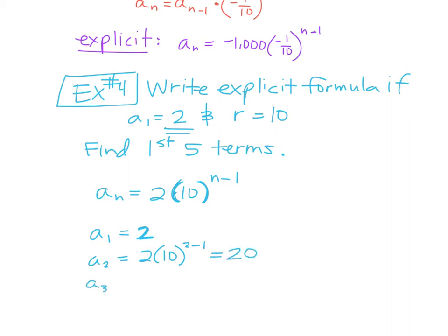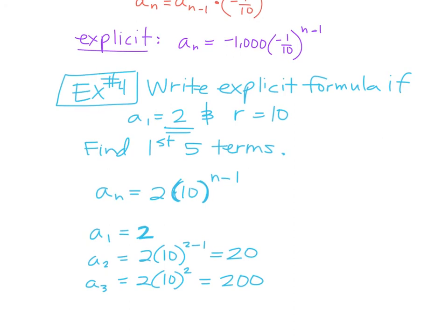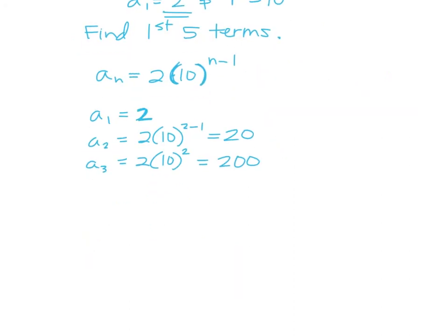A of 3, you can do the same thing. 2 times 10. 3 minus 1 would be the second power. So 10 to the second power is 100 times 2 is 200. But again, you are just multiplying by 10 every time. So you're welcome to do that if you can see that. If you don't see it, then plug it into the formula. 2 times 10 to the, this one would be 4 minus 1, so the third power is 2,000.